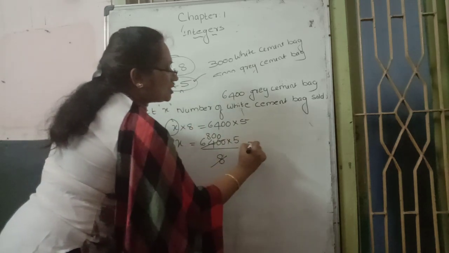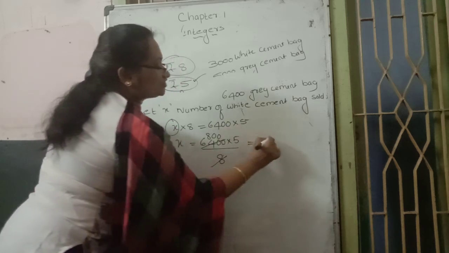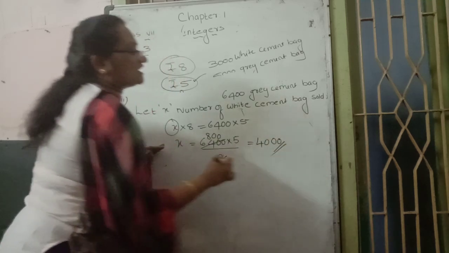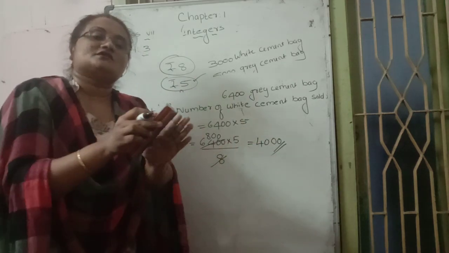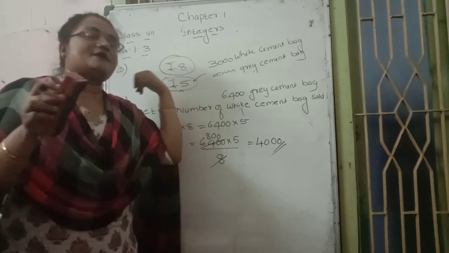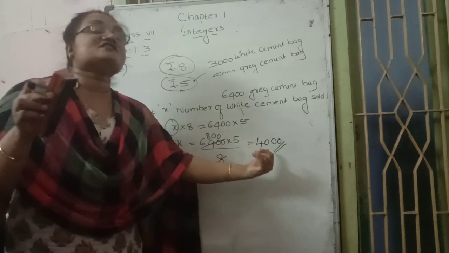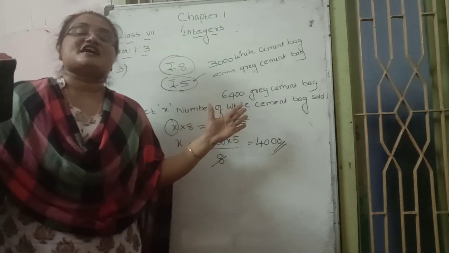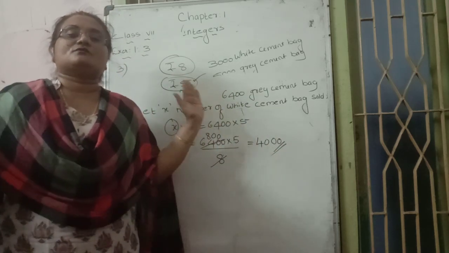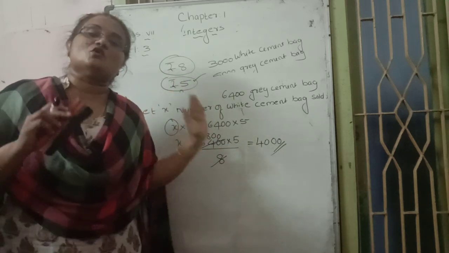Again 8 fives are how much? 40 comes there, and the remaining 2 zeros. So the company can manage the profit or loss case by selling 4,000 white cement bags.